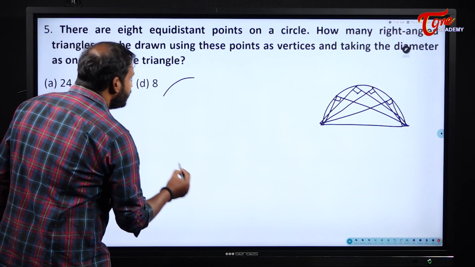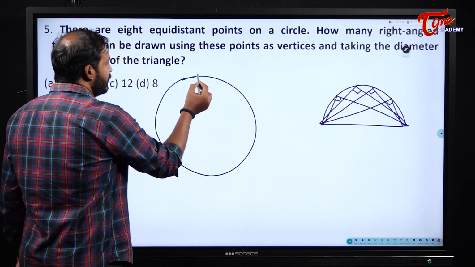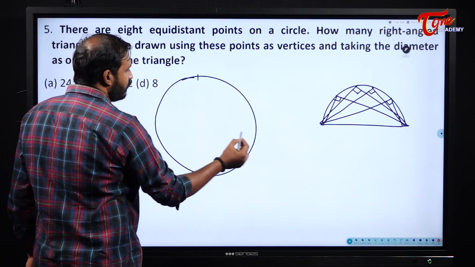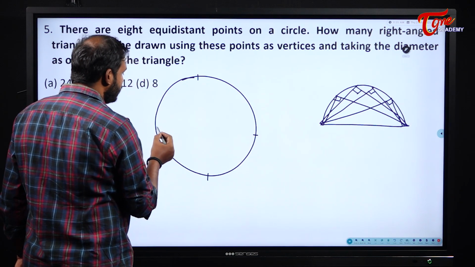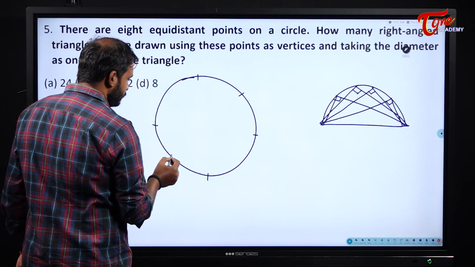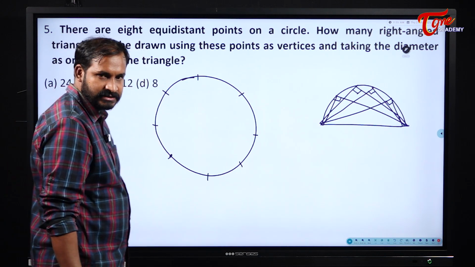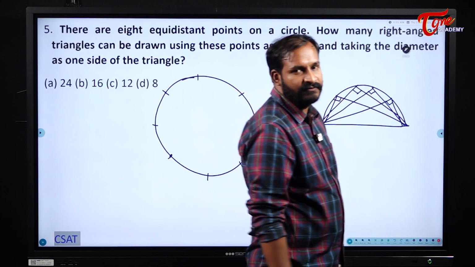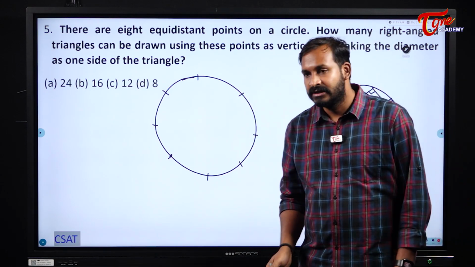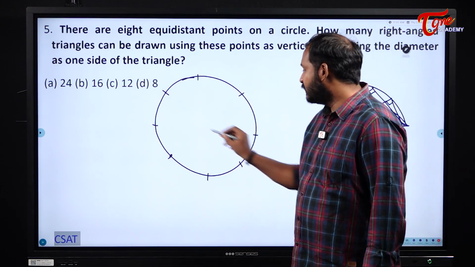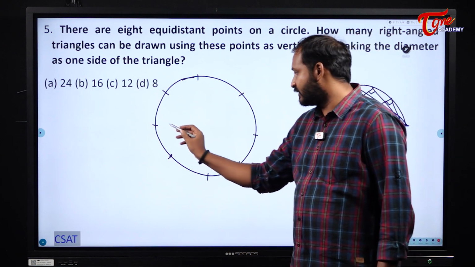There are 8 equidistant points on a circle. Equidistant means that exactly 2 points will be opposite to each other. Why? Because the total 360 degrees is divided into 8 parts. Each part will become how much? 45 degrees, right? So these points will be exactly opposite to each other.